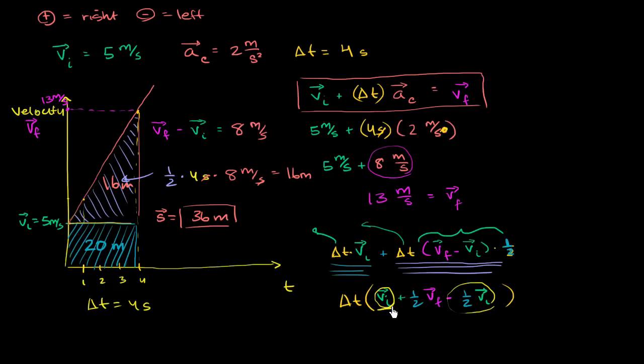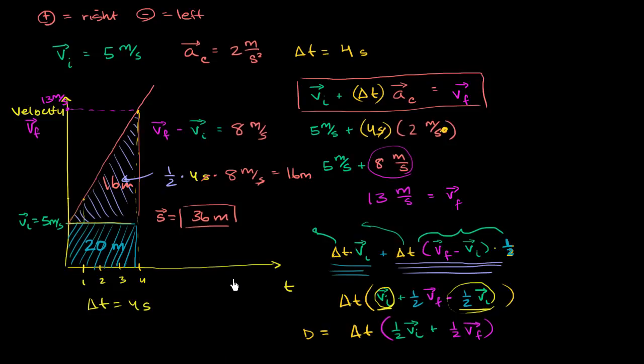So these two terms simplify to 1/2 the initial velocity, plus 1/2 times the final velocity, and all of that is being multiplied by our change in time, or the time that has gone by. And this tells us the distance that we traveled.